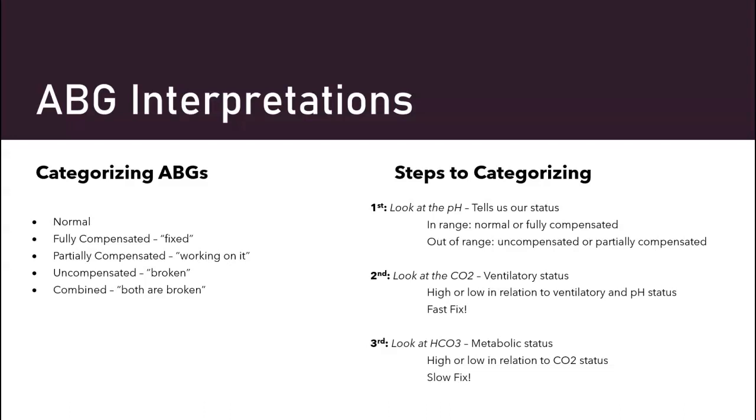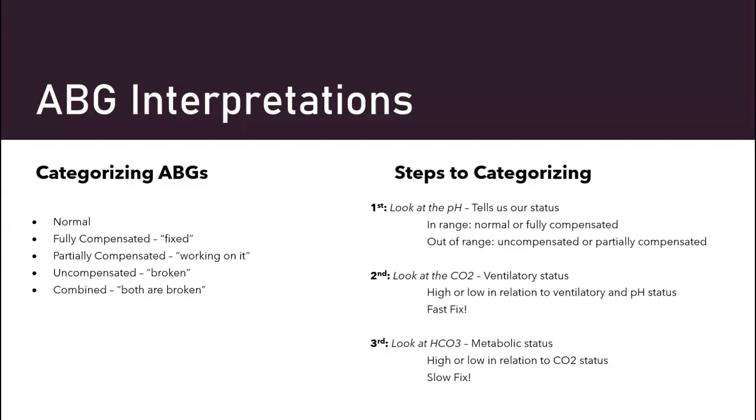Uncompensated, and I have examples also. We're going to work through some of these, is basically like our patient's broken. We're broken. Either CO2 or bicarb's off, one or the other's completely off, and our patient is sick, and we need to intervene.